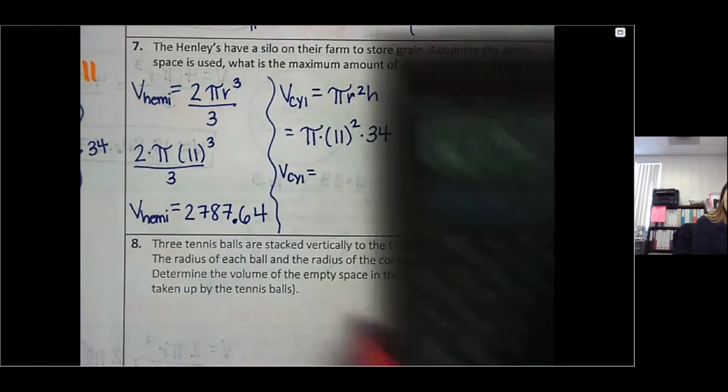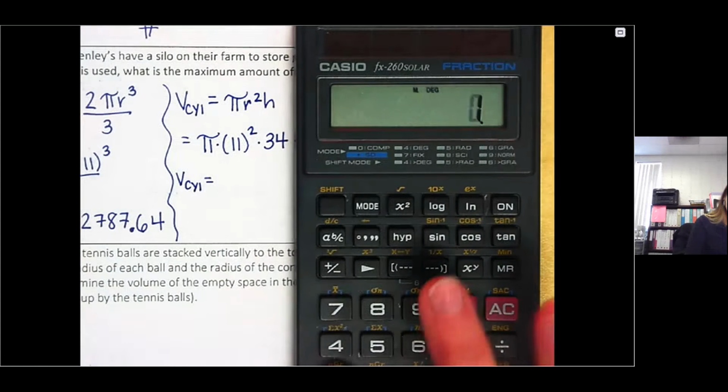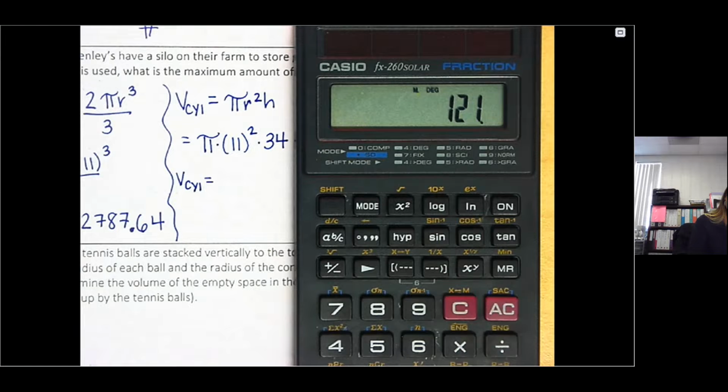Oh, that's wrong. I got it. How do you say that number? 12,000.